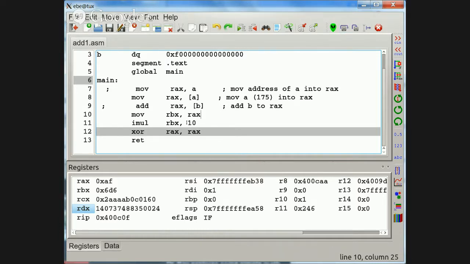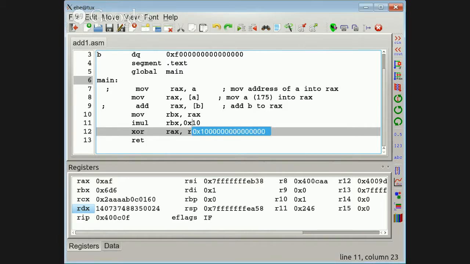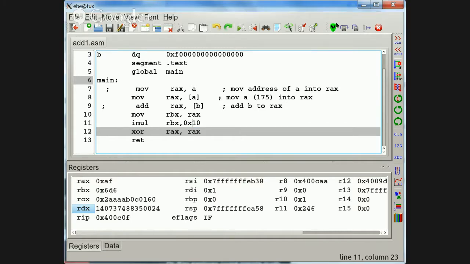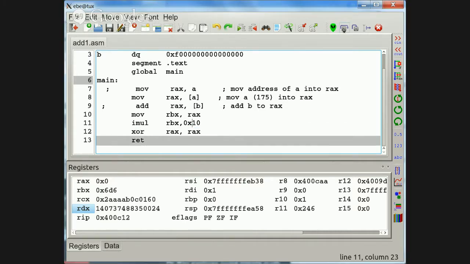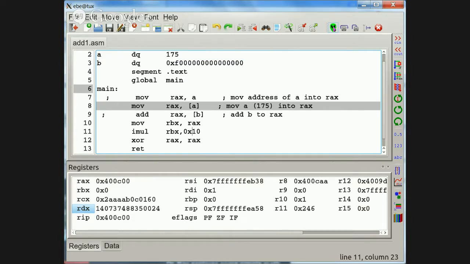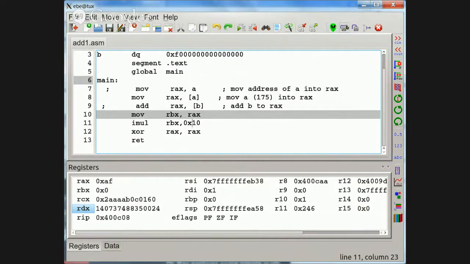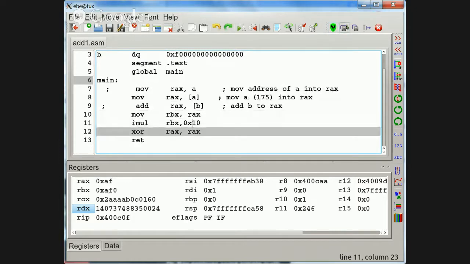We could change this to a 0x10. I don't really want to see that extra thing there. Now multiplying it by a hexadecimal 10 is the same as shifting it. Let's see, run it. All right, so multiply it by a hexadecimal 10, we add a hexadecimal 0.